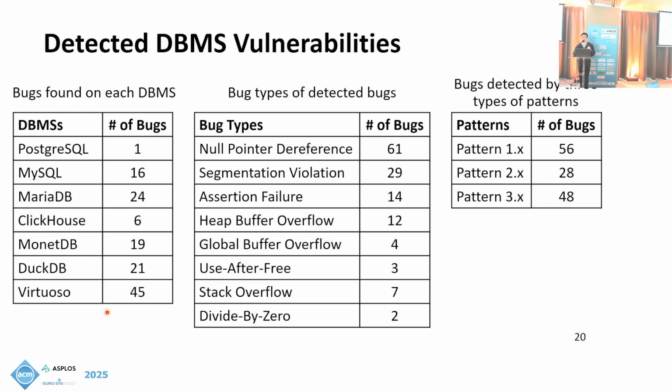For example, Soft detects 16 and 24 SQL function bugs in MySQL and MariaDB, respectively. And among the 132 bugs, we find that null pointer dereference and segmentation violation are the most common. And the 3 types of our boundary value generation patterns detected 56, 28, and 48 bugs, respectively.